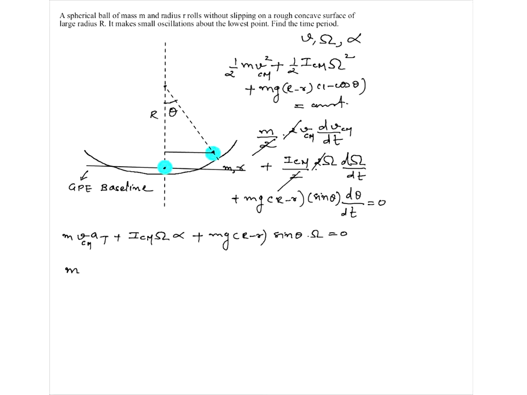For any other particle inside the sphere, you cannot write this. I hope you are understanding this point. Only for that point called center of mass, you can write v CM equal to R omega. But which R? R minus r, right?